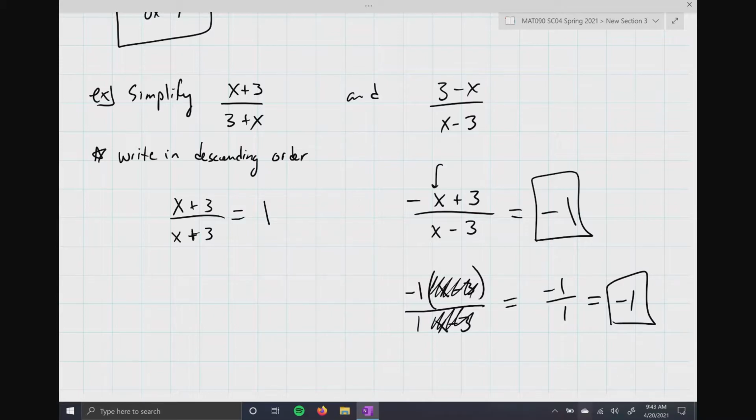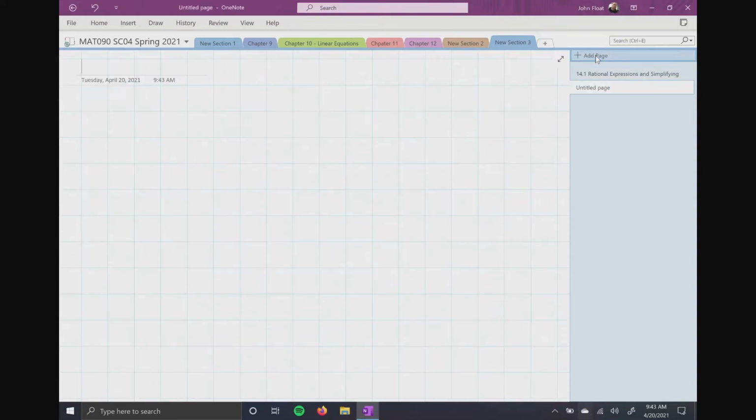All right. We're going to move into section 2 then. Section 2, very easy. You already have the tools necessary. 14.2 is multiplying and dividing rational expressions.